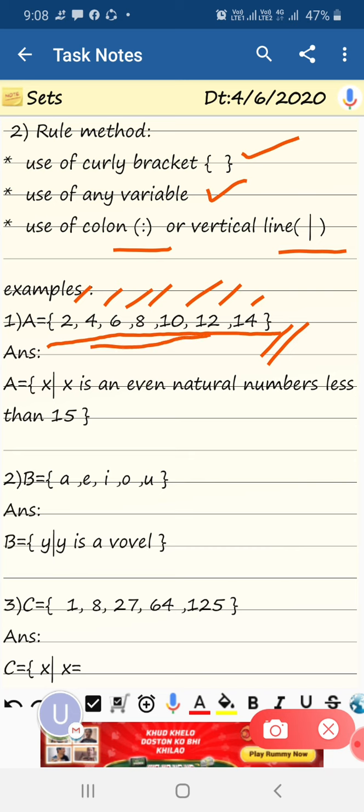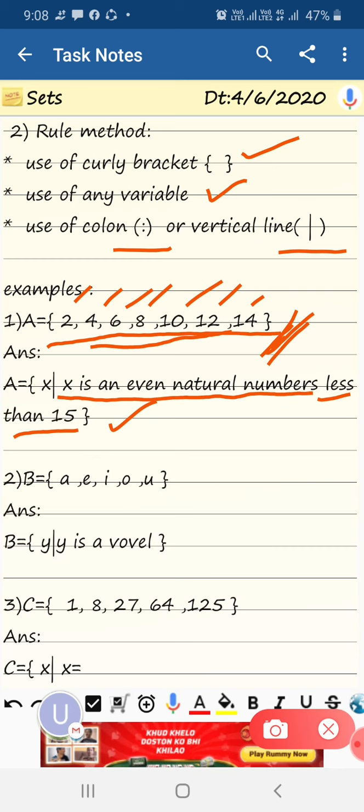What we observed and understood is that these are all even natural numbers. So here write x is an even natural number, and the condition is given up to 14 only. So here we can write less than 15. Less than 15 means up to 14 will come, and close the curly bracket.